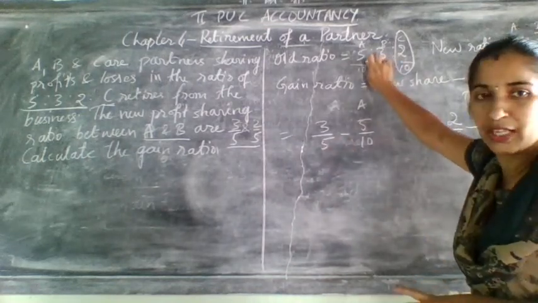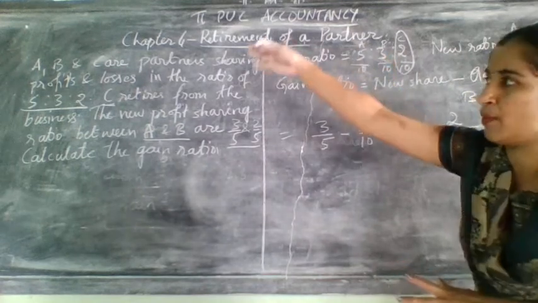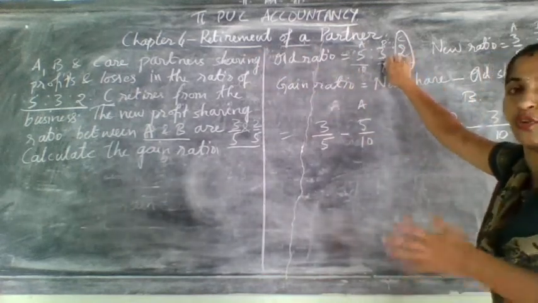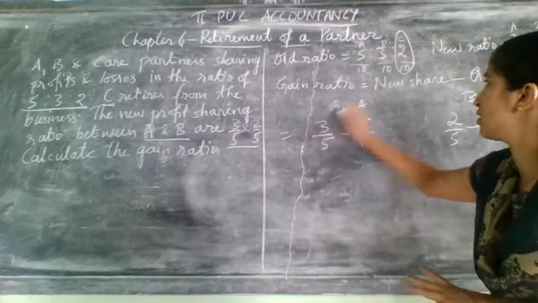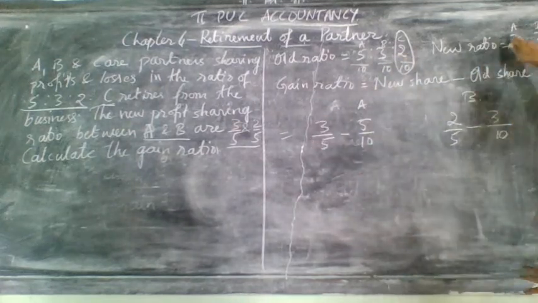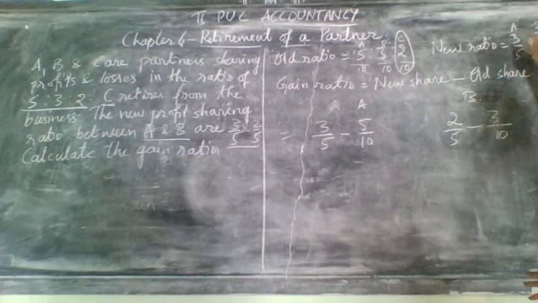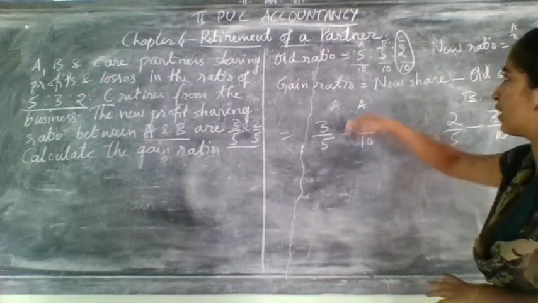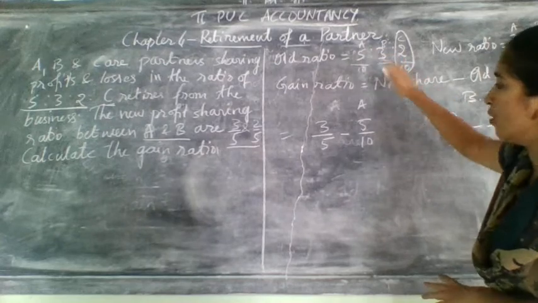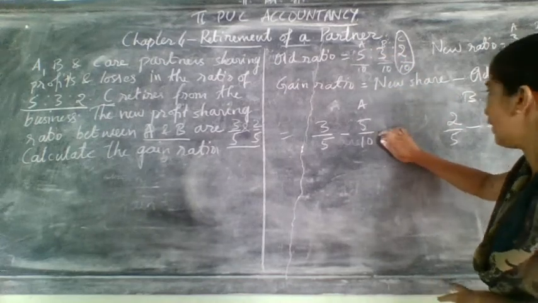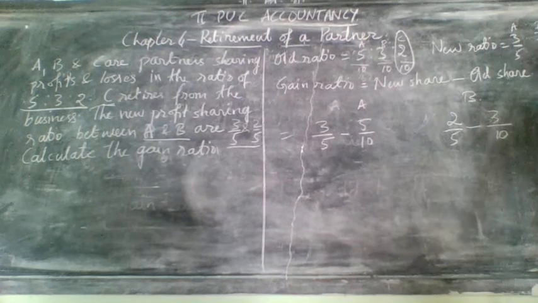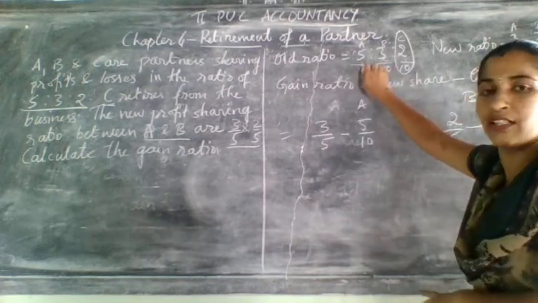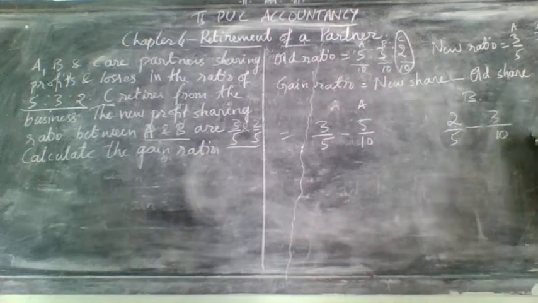While writing we write the old share first, because in the problem they give you the old share. But while calculating here, don't take the old share first. We need to take which one? New share. New share of A is 3 by 5, that you have taken. Here old share of A is 5 by 10, that also you have taken. Now for B, the new share was 2 by 5, and his old share was 3 by 10. After taking this, you are doing subtraction.